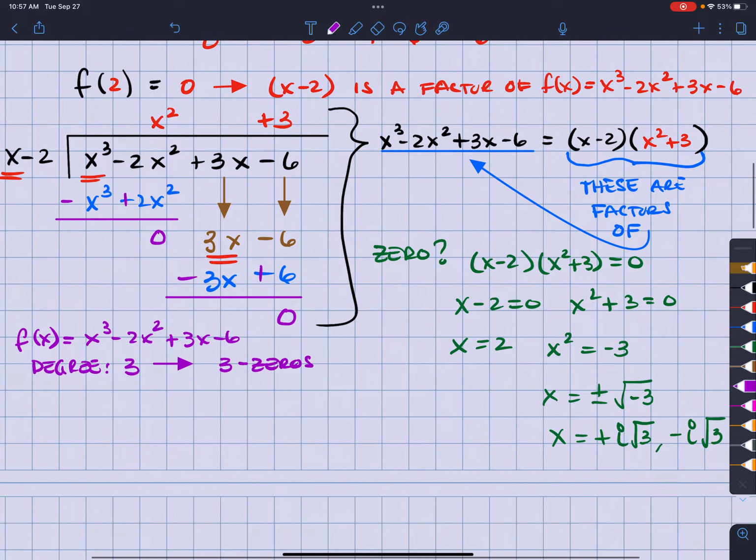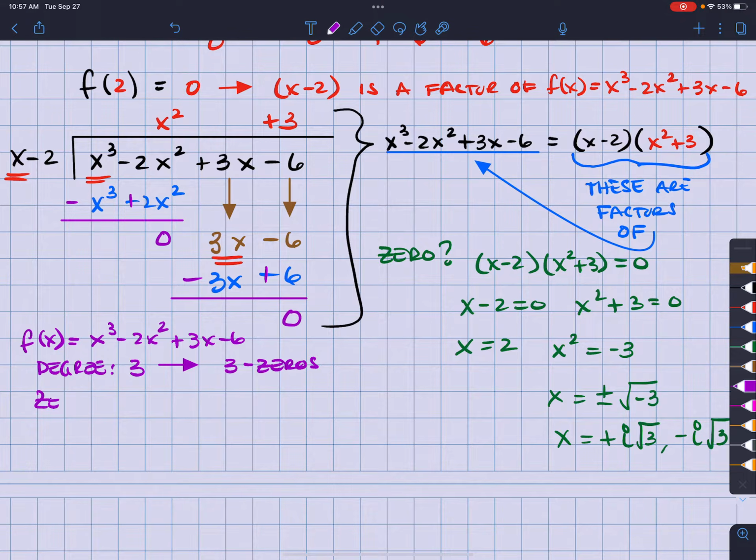So in this case, what are my zeros? It's going to be at 2, at i square root of 3, and at negative i square root of 3. Okay? So notice how my factors are here, but yet I got this here. All right? So let's go from there.